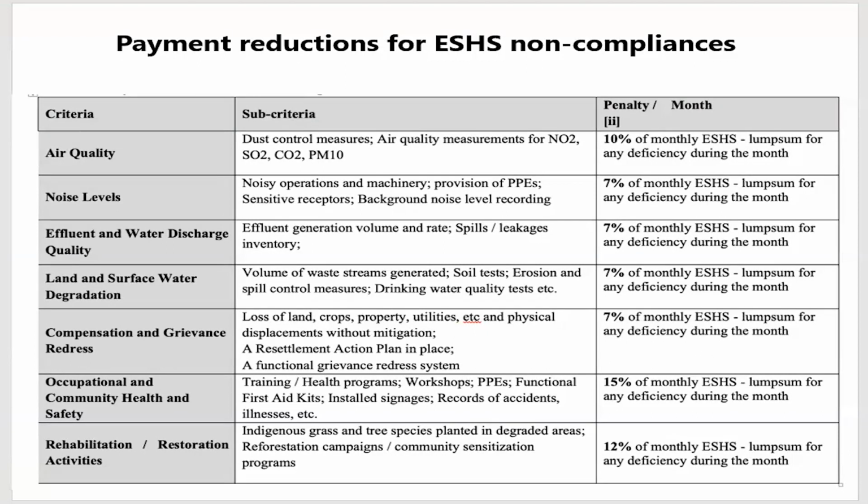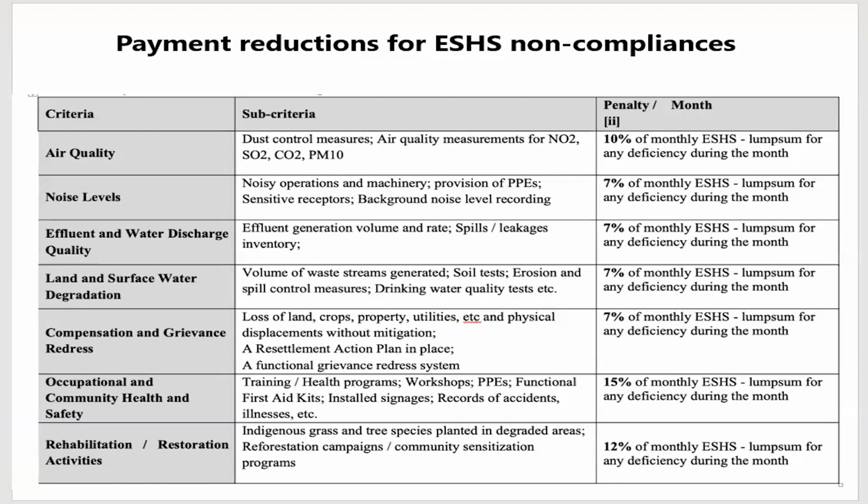Air quality, if he doesn't meet the air quality defined in the specification, 10% is deducted from his minimum lump sum for the month. If he's not able to restore borrow pits into order the way it's defined, he loses 12% of the lump sum.